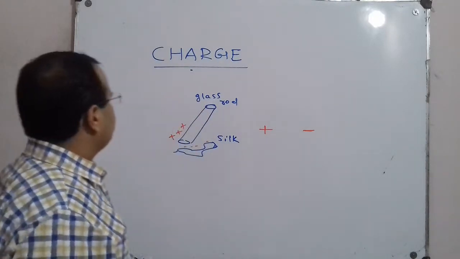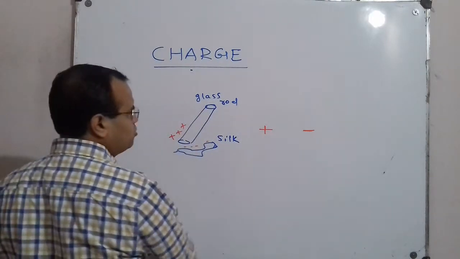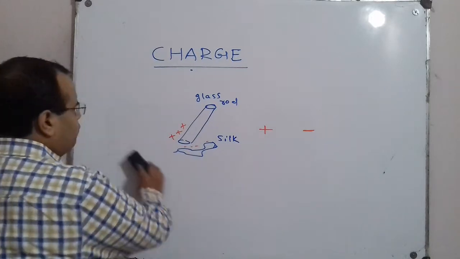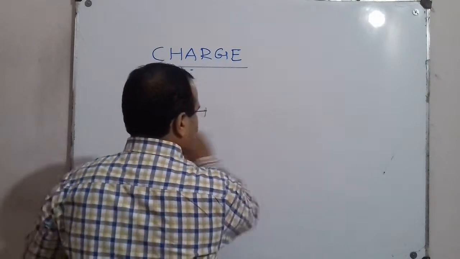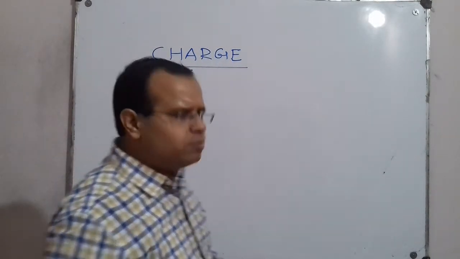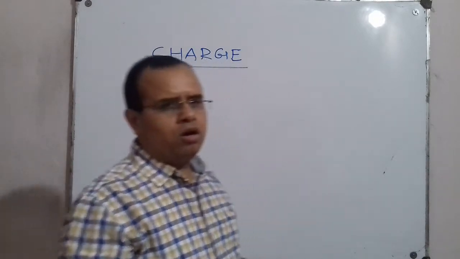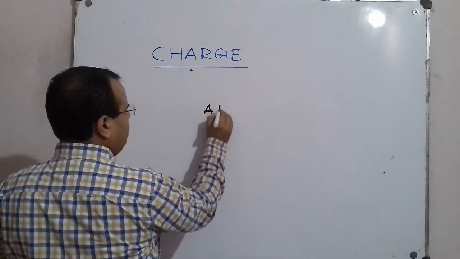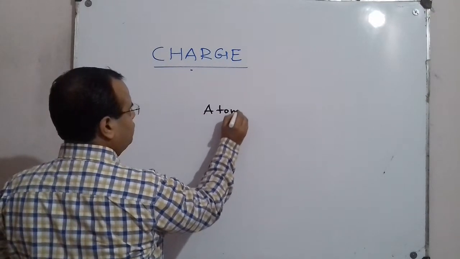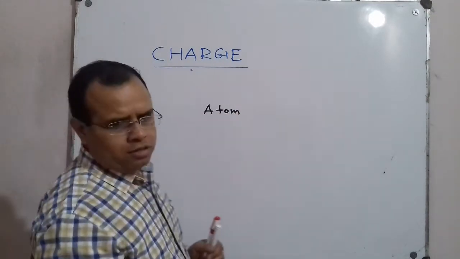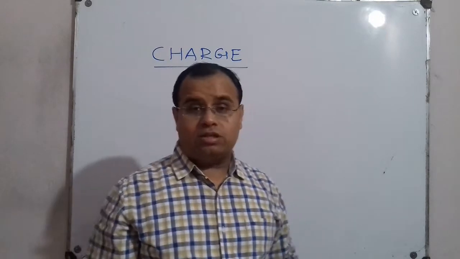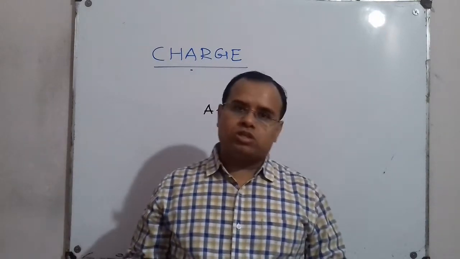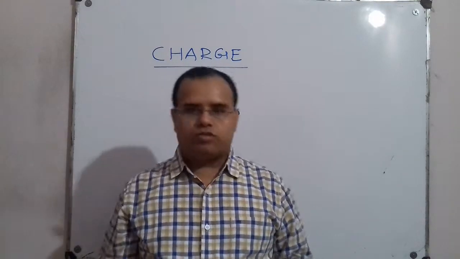Now the question arises: why does this become positive and this become negative? To answer this, we have to go into a little detail about atomic structure. The concept of the atom started with Dalton, then Thomson's model of the atom came, which failed.